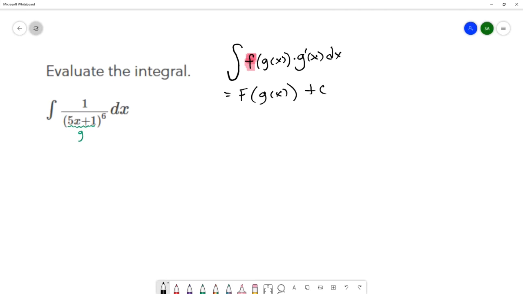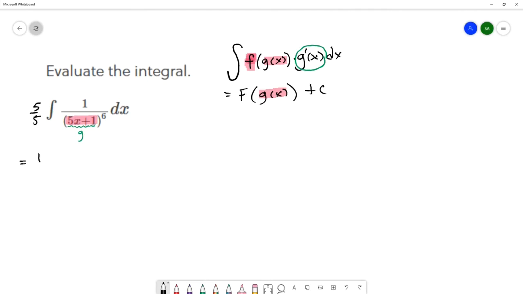So as I'm looking at this again, I was looking for something on the inside to represent my inside function of g of x. And I've got 5x plus 1 representing that inside function. Now, I would need the derivative of that inside function in order to proceed with the pattern. The derivative of 5x plus 1 would be 5, and I don't have that right now, but I can multiply by 5 over 5 to create that 5 that I need.